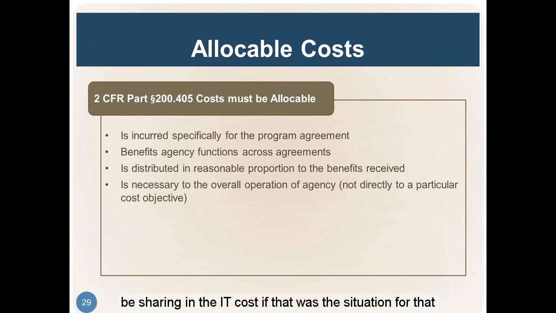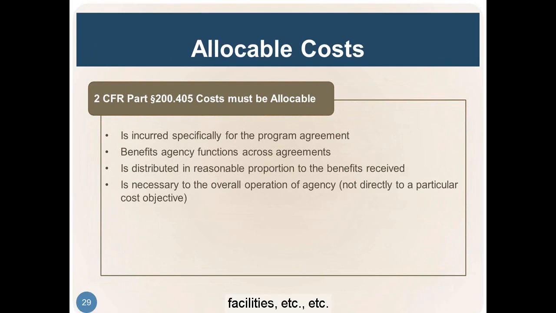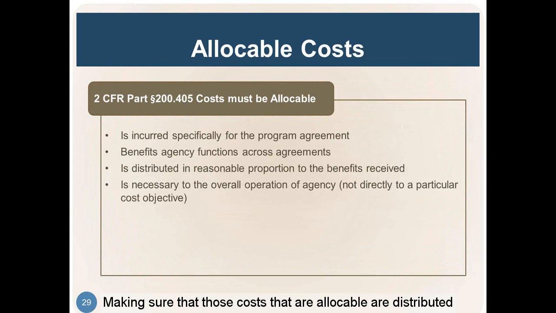So making sure that LIHEAP as a program is actually incurring some portion of the cost for those services, be it IT, HR, finance, facilities, et cetera, et cetera. Making sure that those costs that are allocable are distributed in a reasonable proportion.